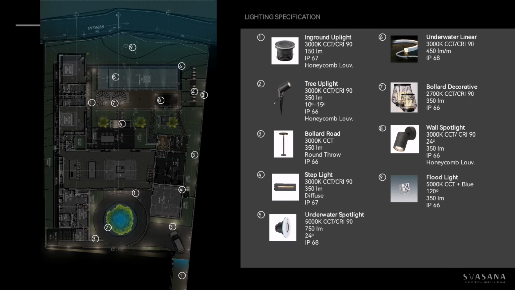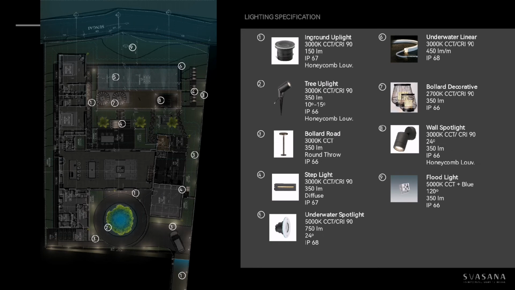Number five is for the pool, the underwater spotlight with a cool white light. Number six is the linear lighting, also for the pool, but with a warm white color. So in the pool we have a combination between cool and warm white. Number seven is decorative bollard light in certain areas in the pool lounge to create an ambience. And eight is the wall spotlight for the lounge in the gazebo for the accent lighting.